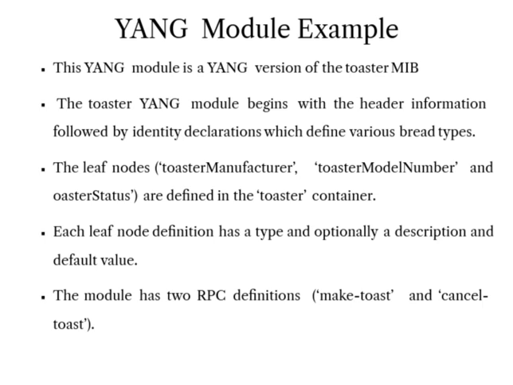The first point here will be the module. We call this the toaster module. It's the container for everything the toaster can do. Okay. The next point will be the state, which is the reading. We have a leaf called toaster status. This is the state data.